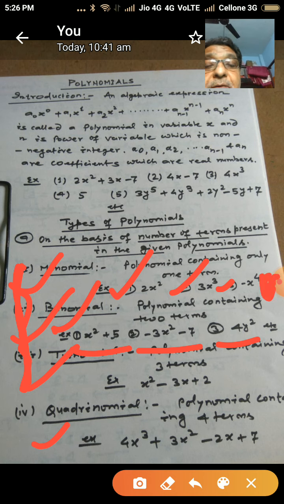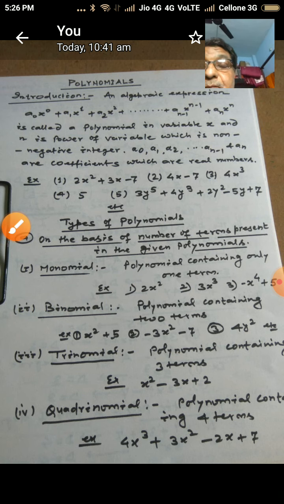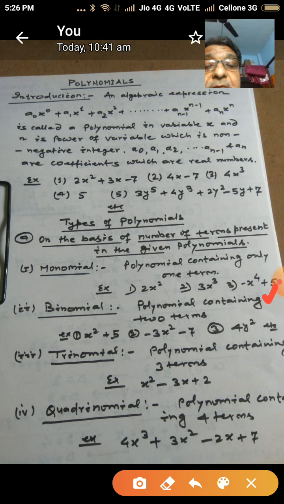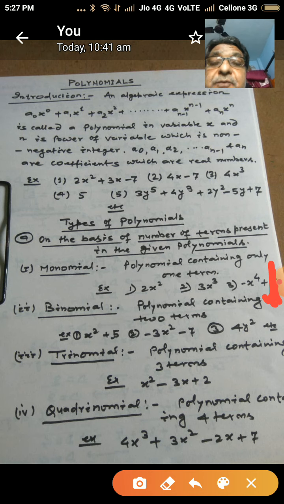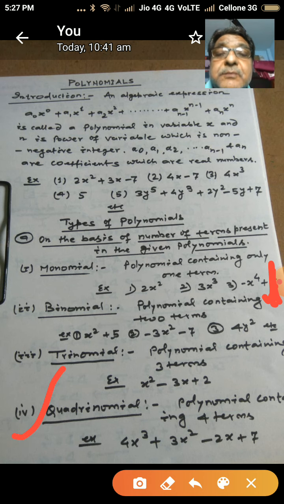Okay. Now similarly trinomial. Tri means three and nomial means term. So a polynomial of three terms. Example: x square minus 3x plus 2. And quadrinomial means, quadri means 4, nomial means term.